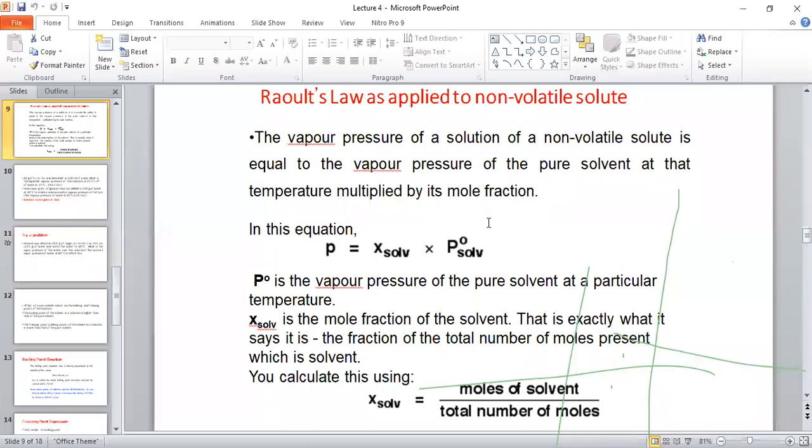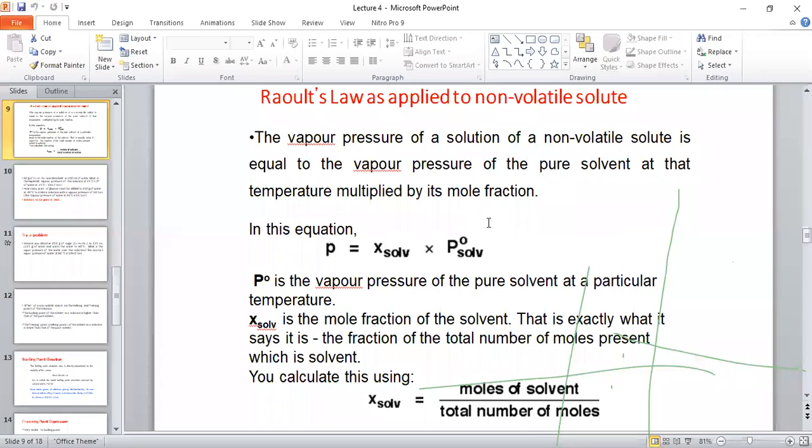So write this one down. P is equal to X solvent multiplied by P0 of solvent. That is what you will use. And also don't forget that X solvent, the mole fraction of solvent, is equal to moles of solvent divided by the total number of moles in that solution.